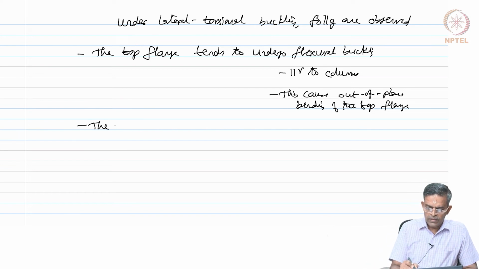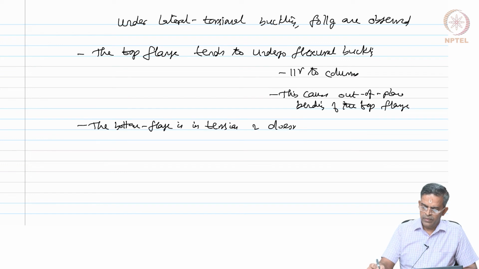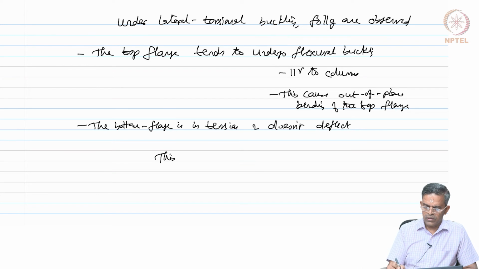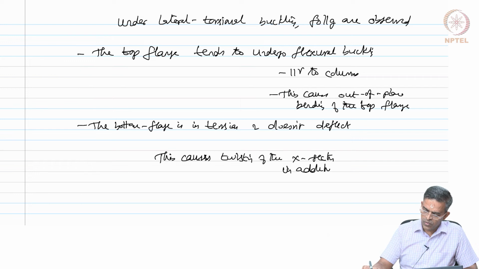The bottom flange is in tension and does not deflect, and this causes twisting of the cross section, in addition to out of plane bending.